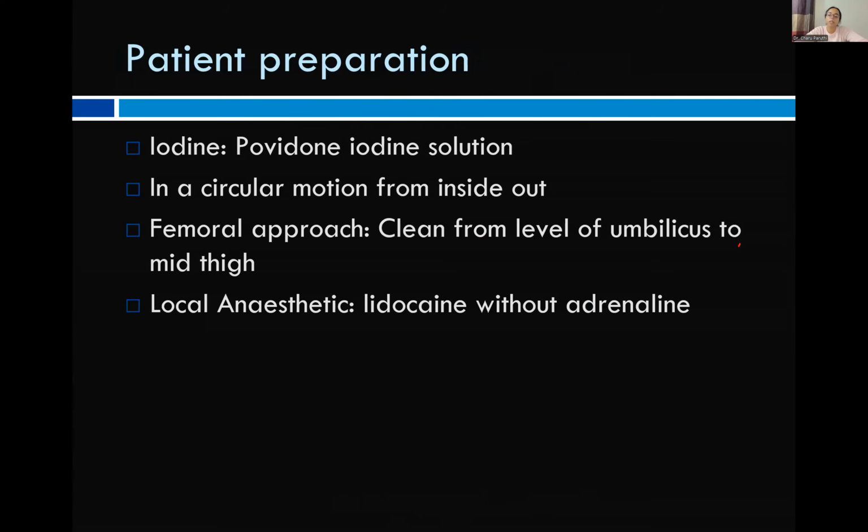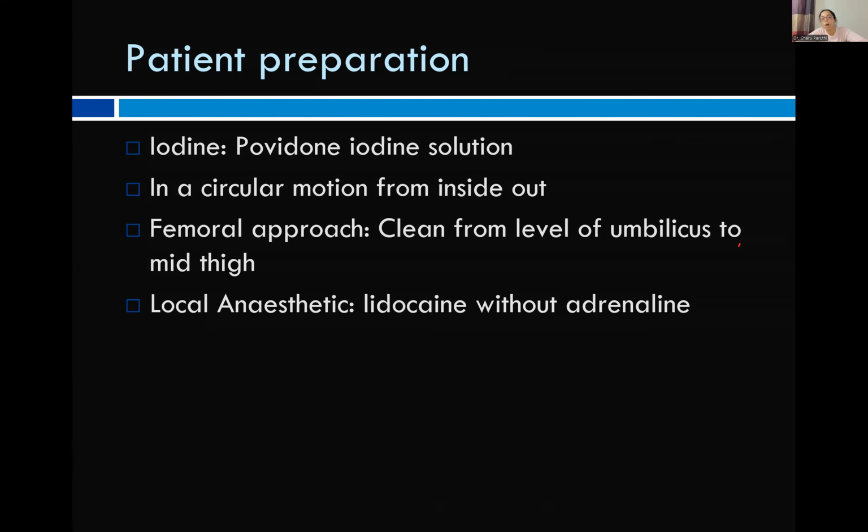Then any procedure starts with preparing the patient. So you all have to know that the disinfectant or the sterilizing agent which we use is povidone iodine solution, which is yellow or brownish in color. And the area where the access has to be made is cleaned in a circular motion from inside out. For vascular procedures, usually the access is through the common femoral vein or the radial access.